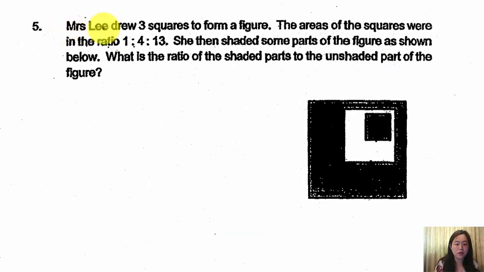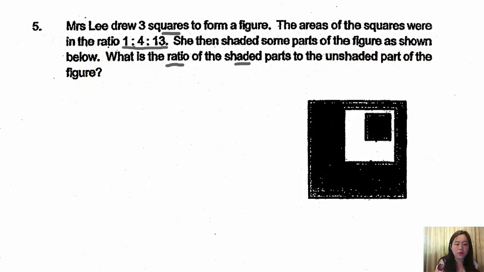Question 5. Mrs. Lee drew 3 squares to form a figure. The areas of the squares were in the ratio of 1:4:13. She then shaded some part of the figure as shown below. What is the ratio of the shaded part to the unshaded part in the figure?